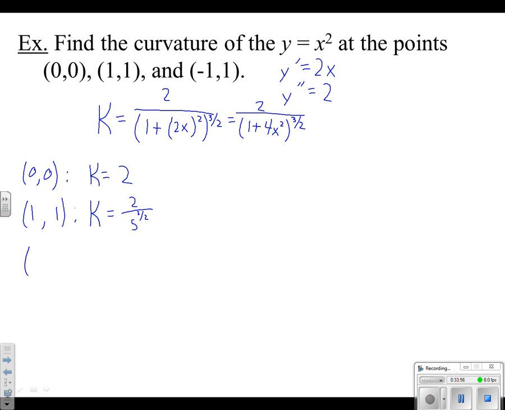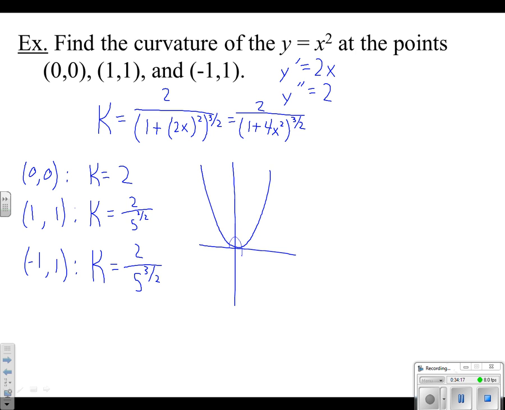And at the point negative 1, 1, the curvature is going to be, again, 2 over 5 to the 3/2 power. I would point out both of those fractions are less than 2. This sort of makes sense because, as we saw a minute ago, when x is 0, the curvature is very high. As we move away, we get a curvature that's smaller, so those fractions are smaller than 2. And certainly this graph is symmetric, so the two sides that are opposite each other should give you the same curvature.